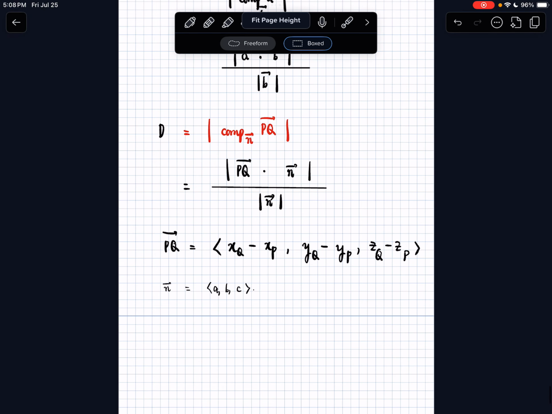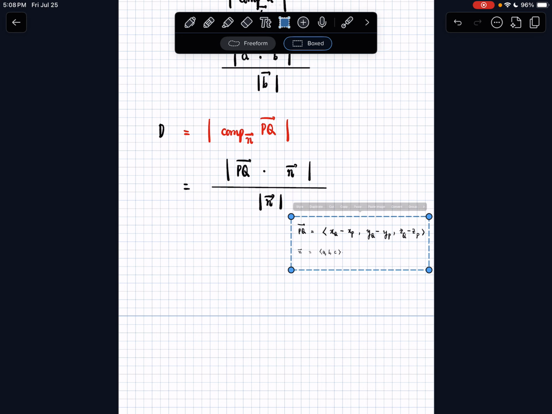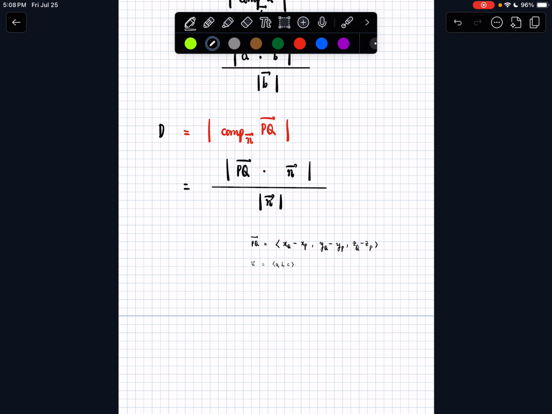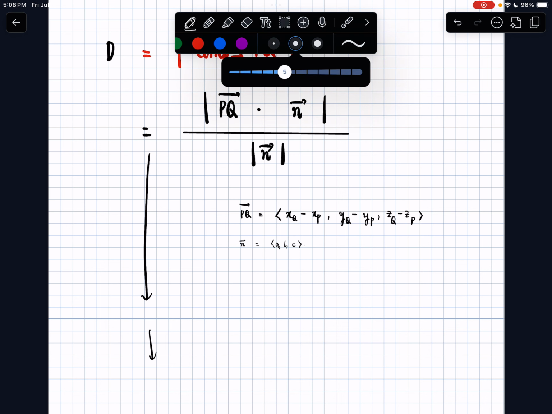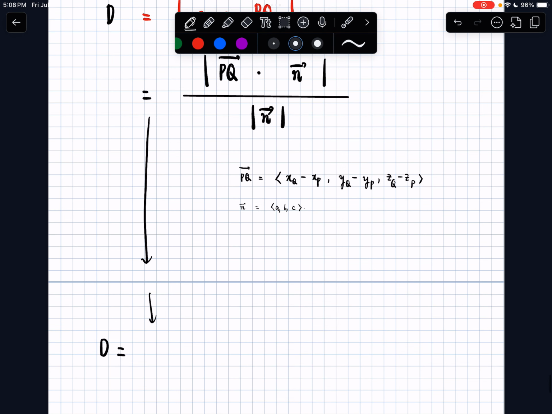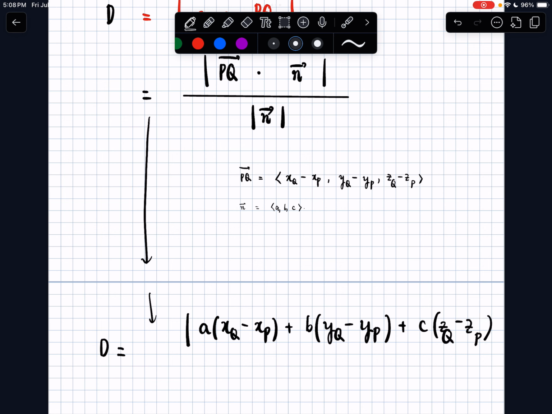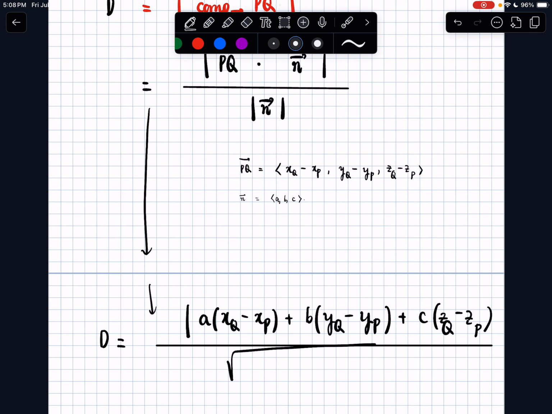With that, we plug into the formula. Distance D is the absolute value of a times (xq minus xp), plus b times (yq minus yp), plus c times (zq minus zp), divided by the length of n, which is the square root of a squared plus b squared plus c squared.